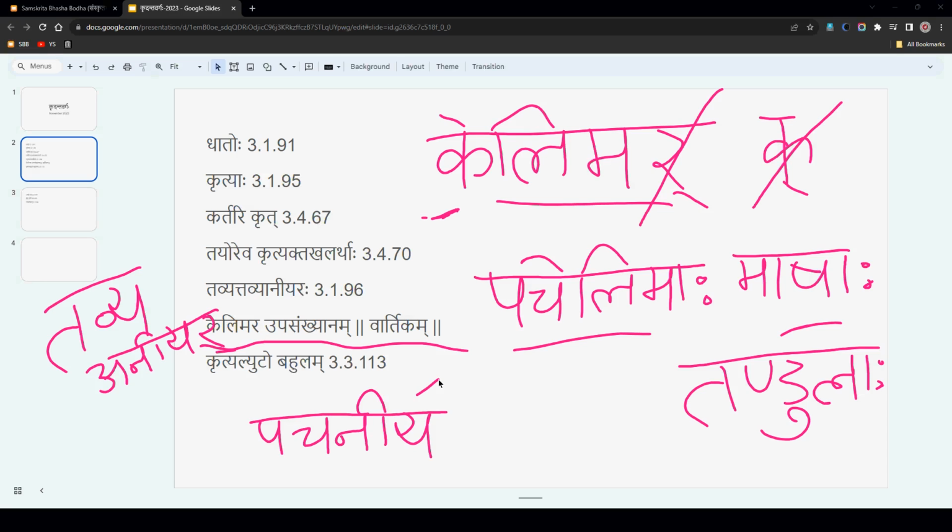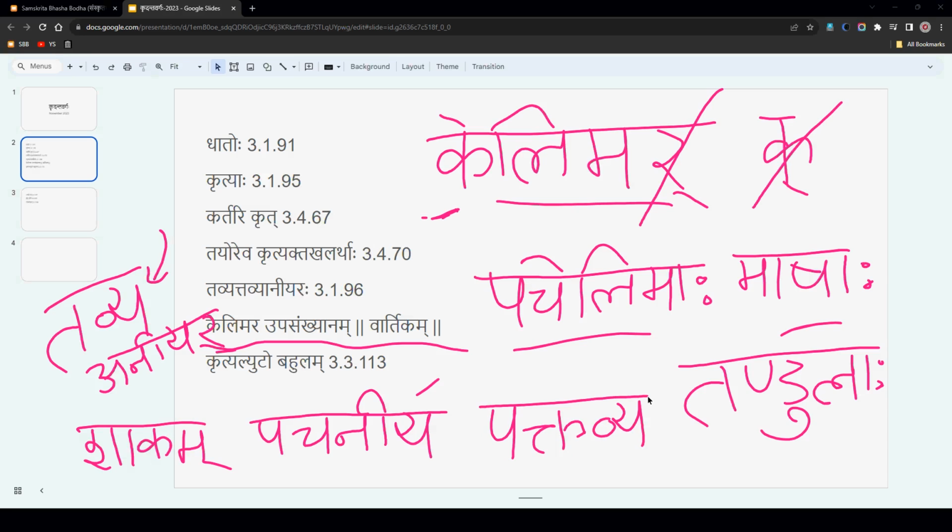Shakam. Shakam pachaniyam asti. Then if you add tavya to pach, it becomes paktavya. Shakam paktavyam. Shakam pachaniyam means the vegetable should be cooked.